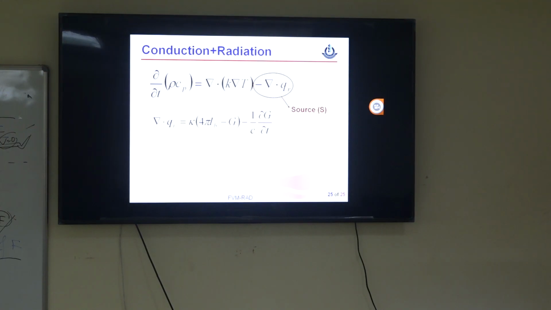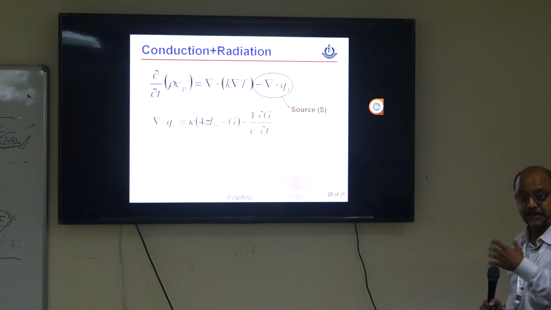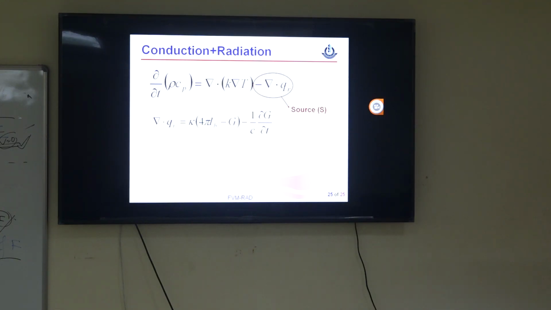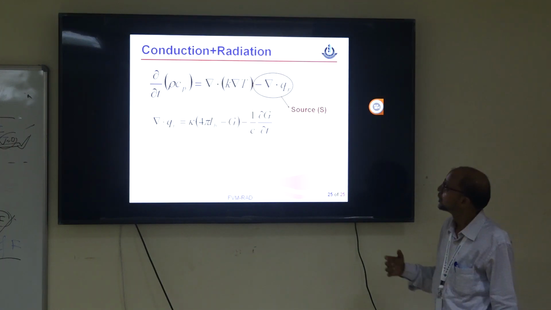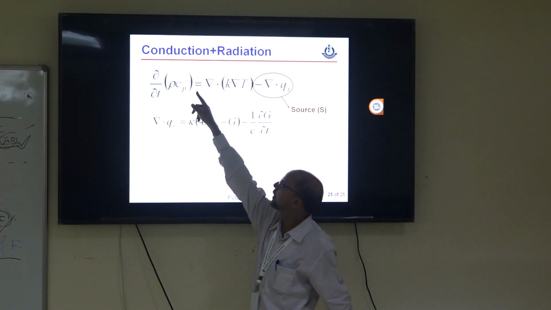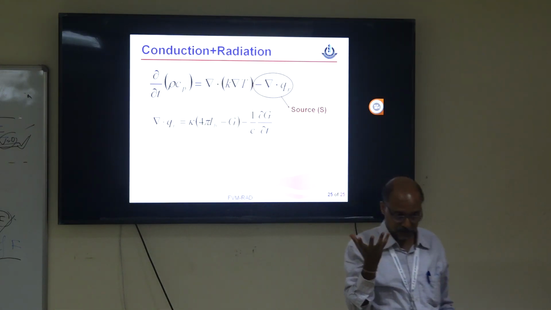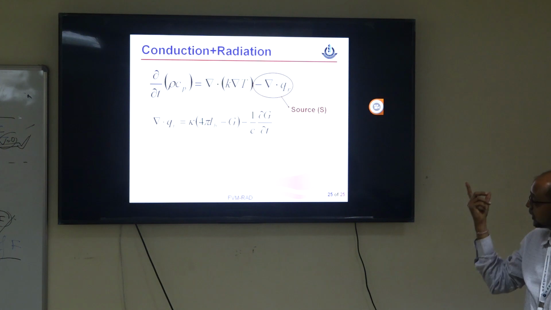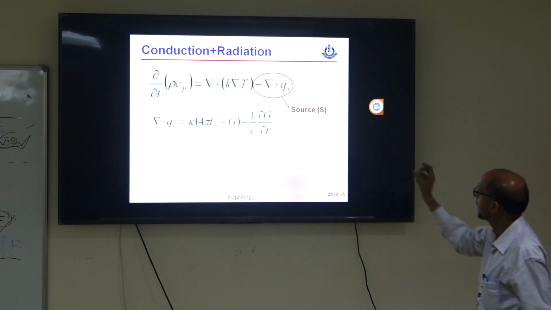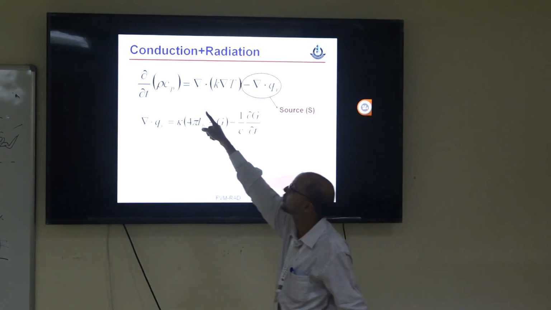Similarly, if you go for convection and radiation along with phase change, which we are now working on, how radiation affects the phase change, then you have a convection term also. Like in our convection diffusion equation, I showed you in the very beginning slides, there is a convection term, so that can be included.